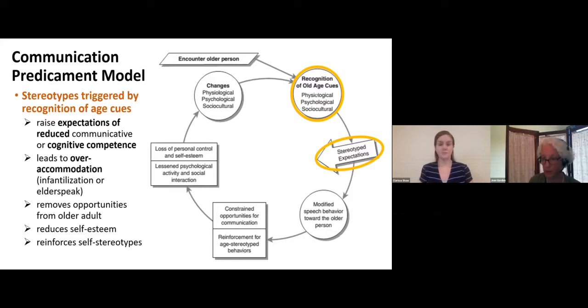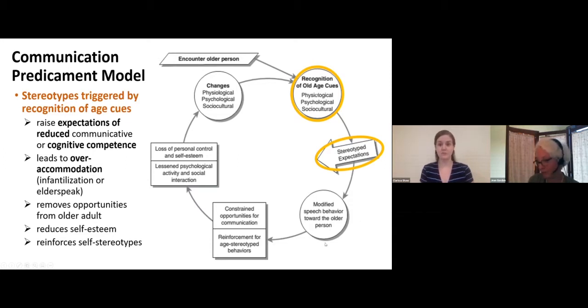So many people assume that aging involves an inevitable slide to senility, or that some degree of cognitive impairment is likely to be present. And so those expectations can be triggered and lead the person to modify their speech behavior according to the expectation of cognitive impairment.